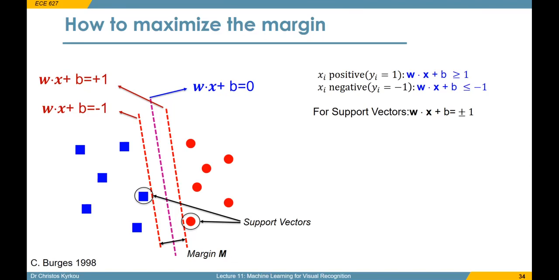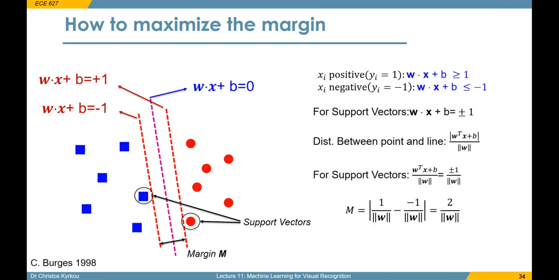So if you want to find the distance between these two points, essentially we're finding the margin, basically. If you recall, the distance between a line and a point is given by this equation right here, and we know that for support vectors, this is exactly equal to plus and minus 1.